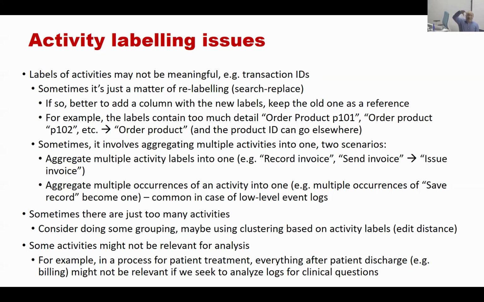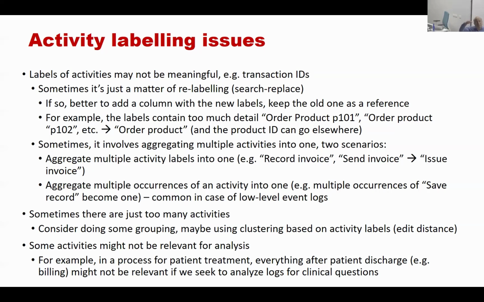Either you build manually a table like this: this activity corresponds to these relative URLs, that activity corresponds to those relative URLs, etc. You can construct that with the domain experts, or else you can apply some sort of clustering technique on top of the URLs, based on the relative times when they occur in a case, or based on the string edit distance of the relative URLs.